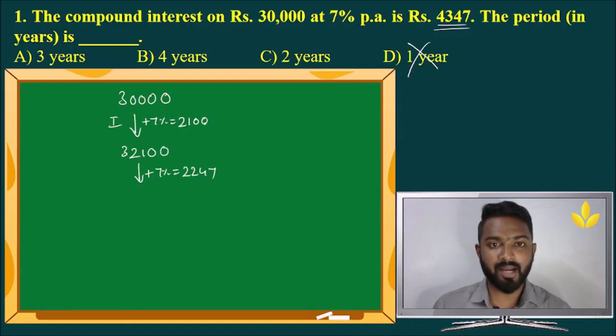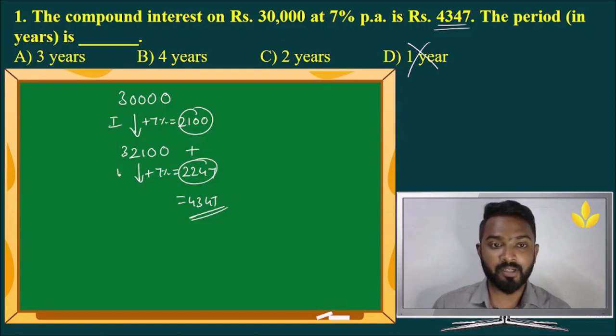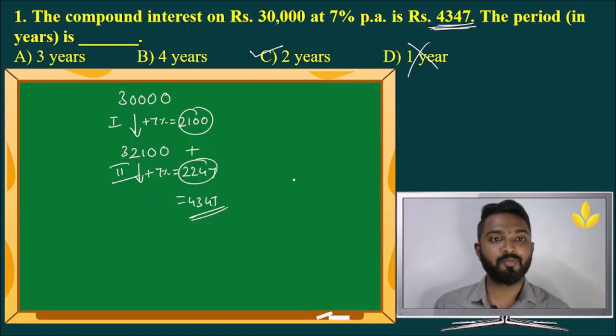Now, if you add these two, 2100 plus 2247, that is nothing but 4347. And this happened in how many years? In 2 years. So 2 years is the right answer. In 2 years, you have the interest to be 4347. That's it. Trial and error. Let's move on.